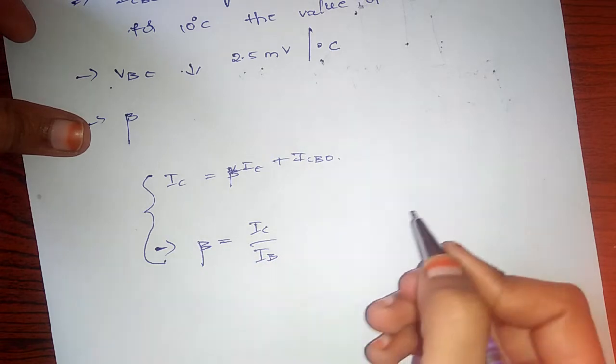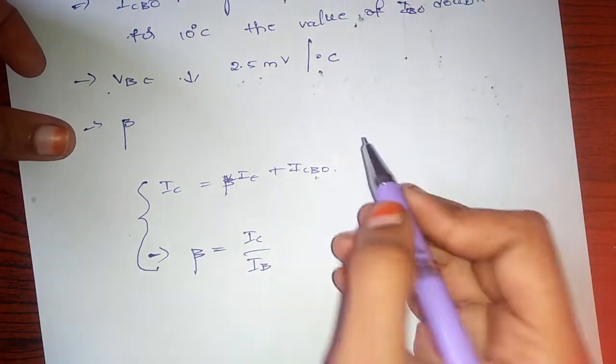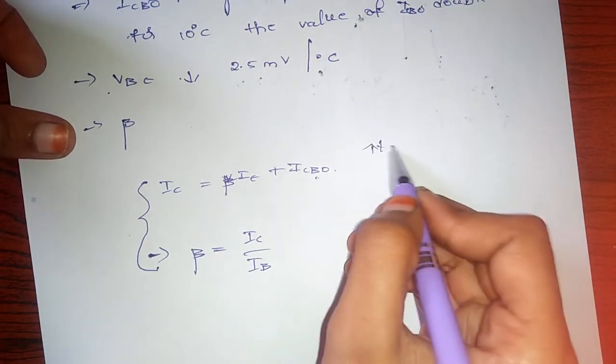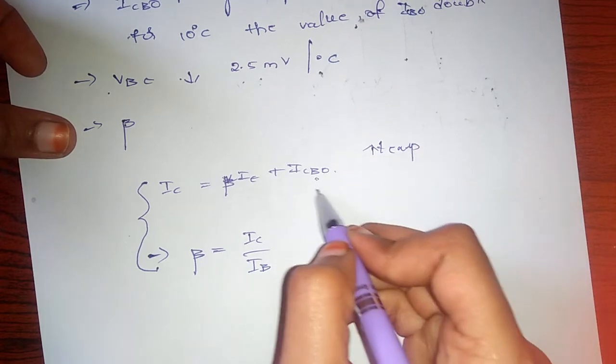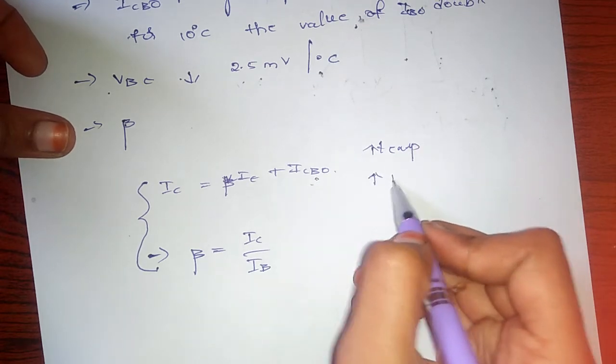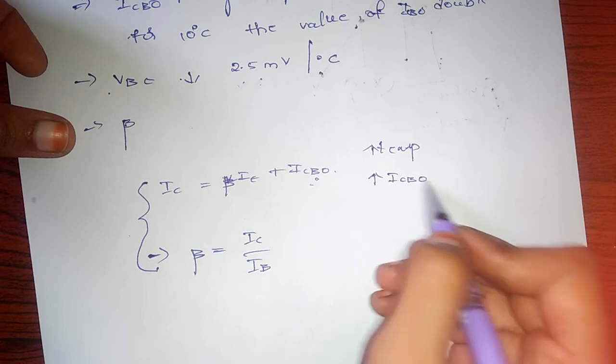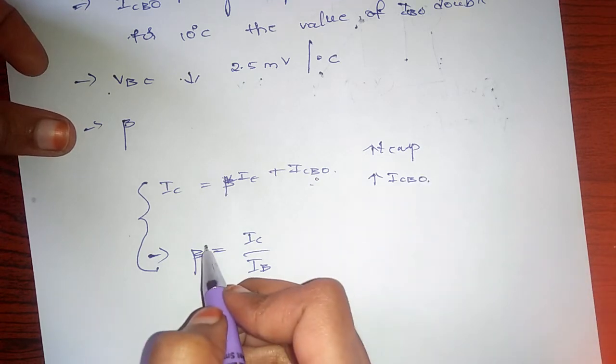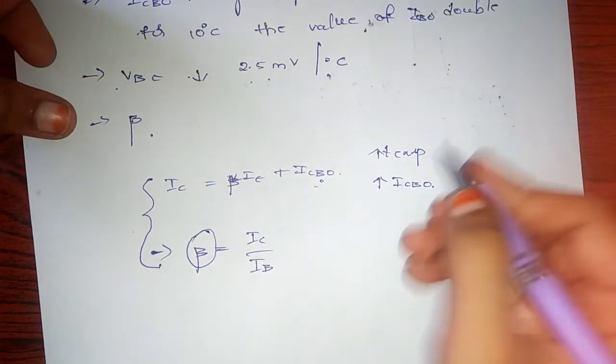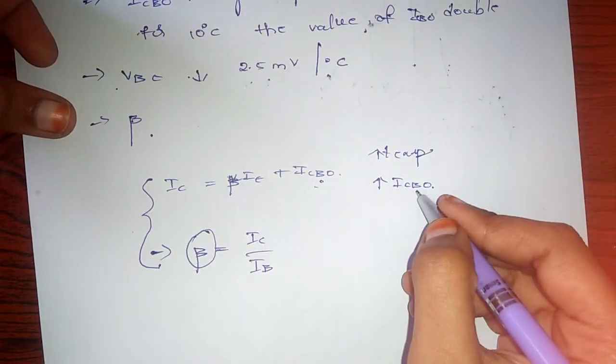According to these factors, if temperature is increased, then this leakage current will increase, which further causes an increase of this beta.